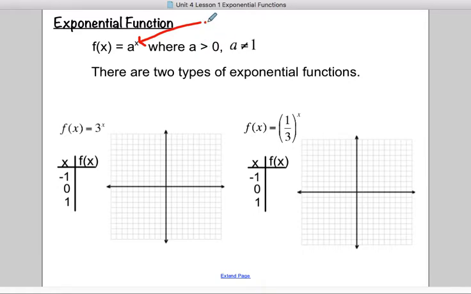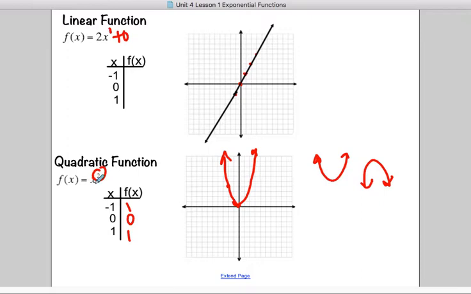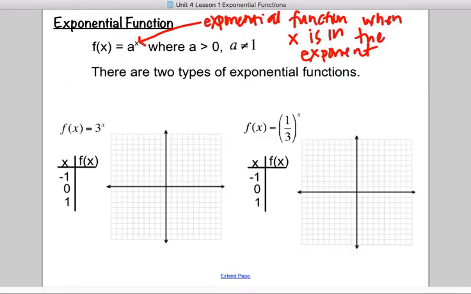It is an exponential function when x is in the exponent spot. So if we go back, notice that this is x to a number. These are now going to be numbers to an x.